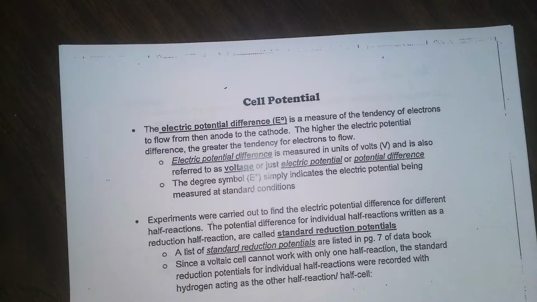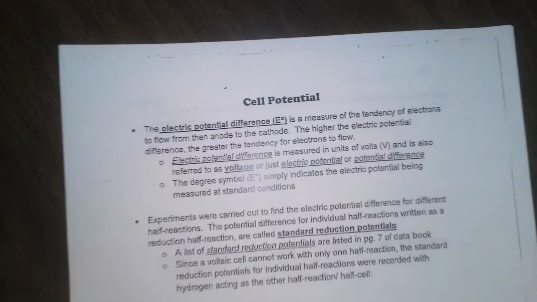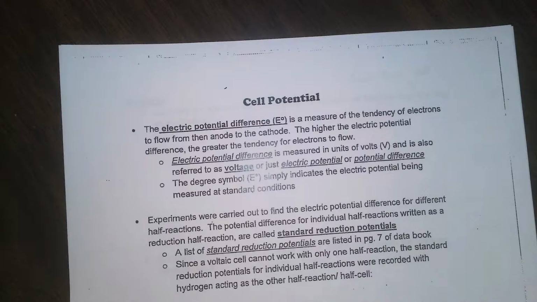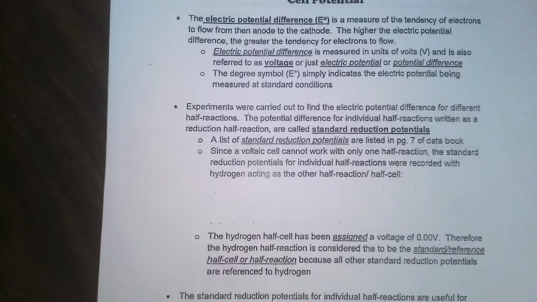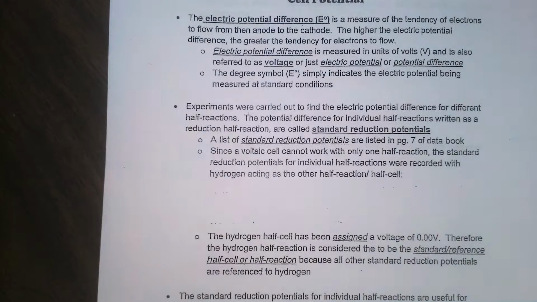There are similar conditions for electric potential standards. So some scientists a long time ago decided to see what the electric potentials of each of these half reactions are. That's why we have this standardized list in our booklet on page 7.